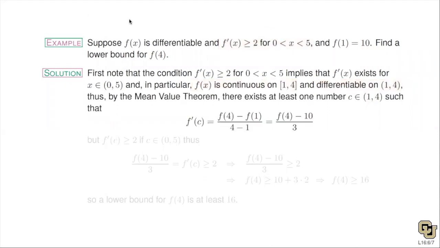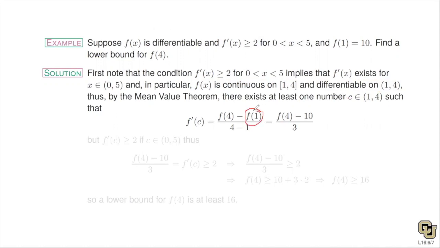The mean value theorem says if the function is continuous on the closed interval and differentiable on the open interval, then there exists at least one number c in the open interval such that f prime of c equals f of b minus f of a over b minus a. Here a and b are 1 and 4. And so we have f prime of c equals f of 4 minus f of 1 over 4 minus 1.